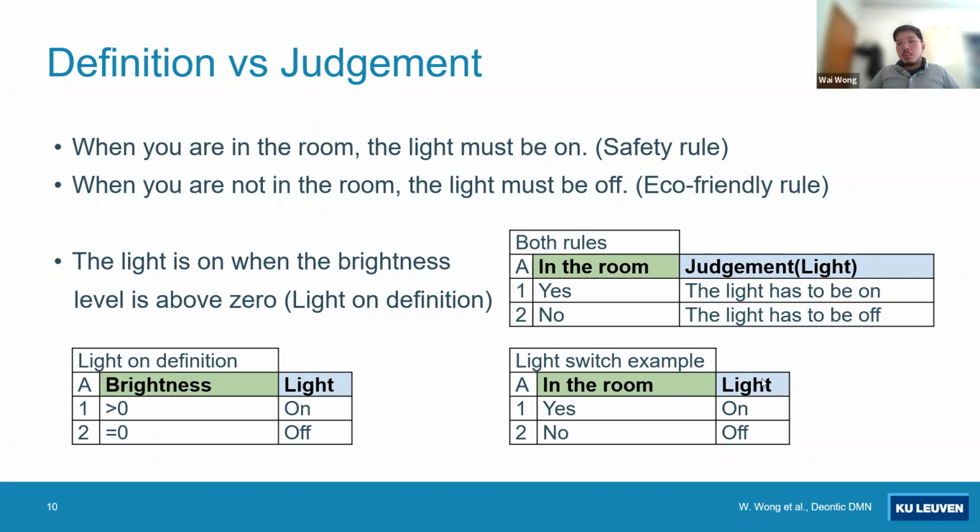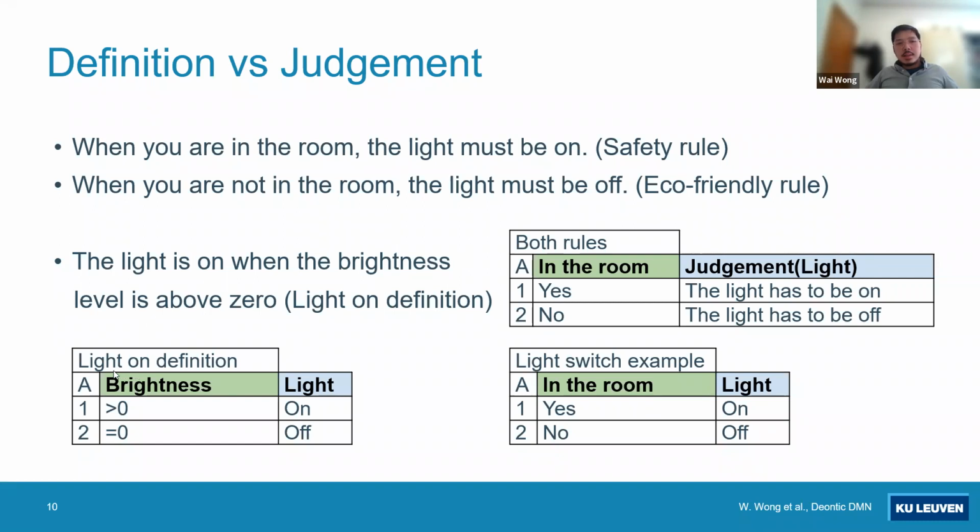If you're in the room, we prefer that the light be on. Even though they say must be on, it can still be violated. And if the lights must be off, in some situations some people just don't follow the rule and the light is still on. This is different from what we call a definition table.